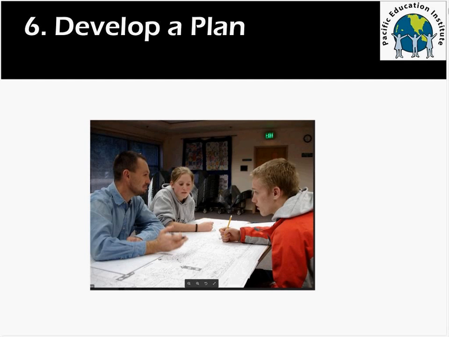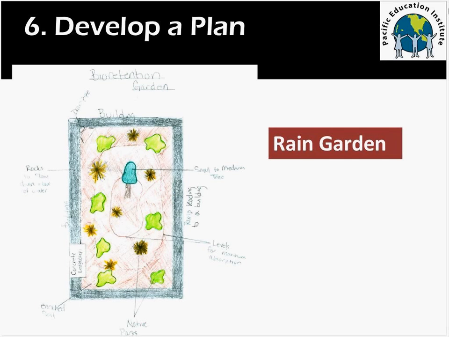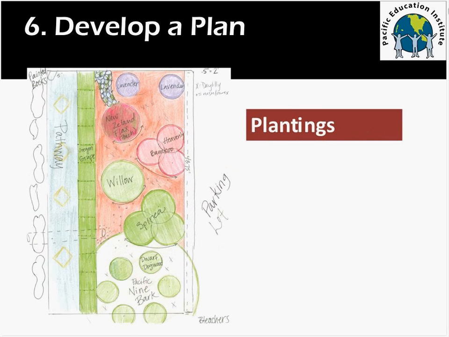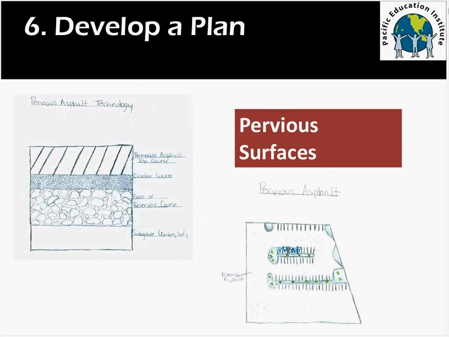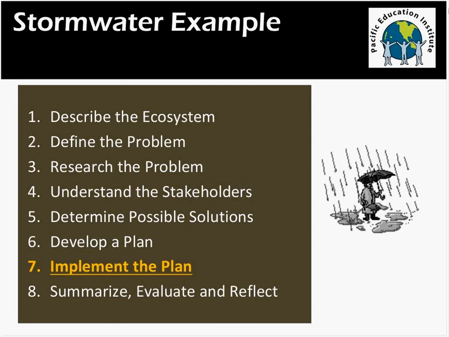So here are high school students working with a design on a more technical mapping for their rain gardens, but you can also have student drawings of rain gardens, student drawings of plantings, pervious surfaces to share how these work in their plan.